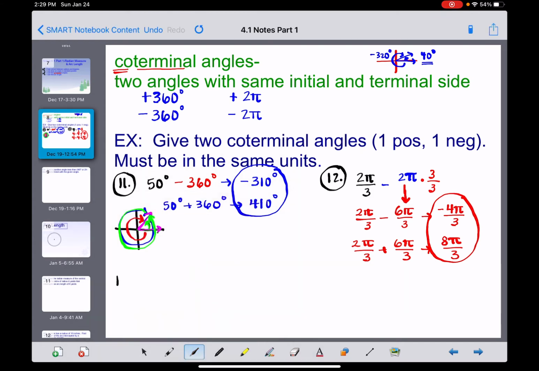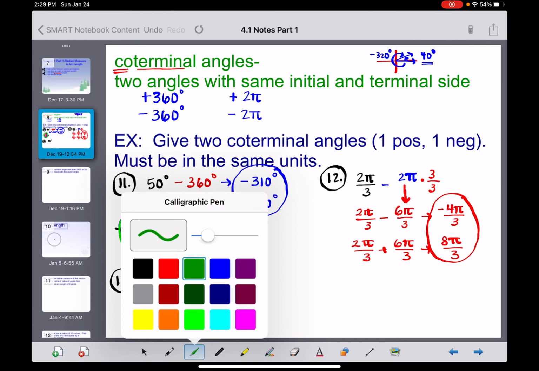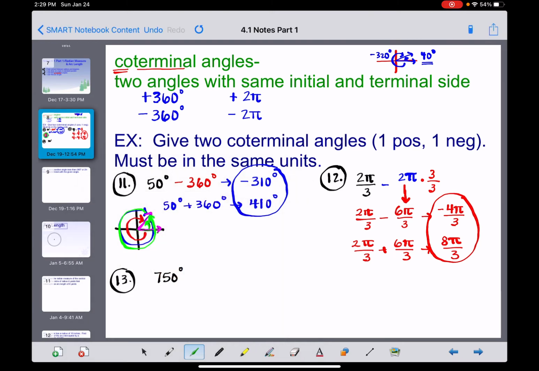So if we do one more here, example 13, what if we have 750 degrees? So 750 degrees, if we think about that, that's obviously more than one revolution, which is fine. So I'm going to start, because it's positive, I'm going to subtract 360, and I'll just do it underneath here. You can do it out to the side or underneath.